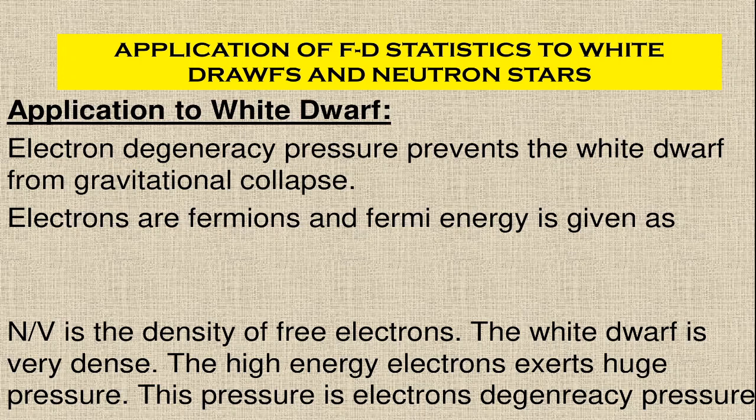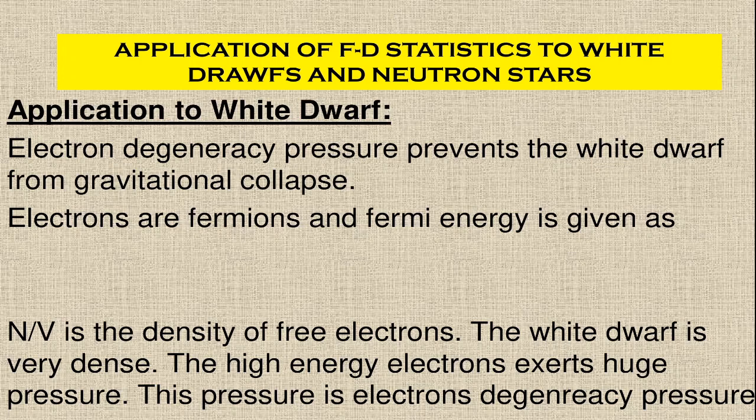We know that electrons are fermions. These fermions obey the Fermi-Dirac distribution law, and they obey Pauli's exclusion principle. What is Pauli's exclusion principle? According to Pauli's exclusion principle, no two electrons can have exactly the same energy state.